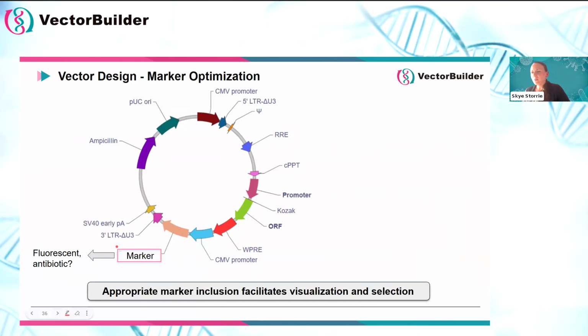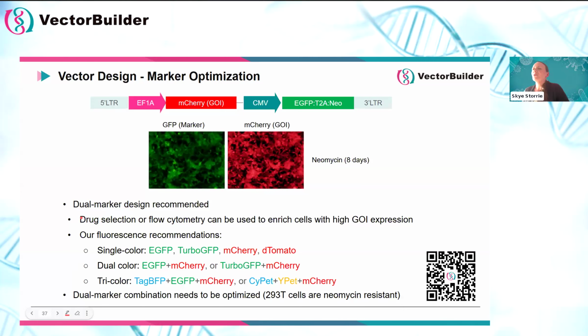For marker optimization, appropriate marker inclusion, such as a fluorescent reporter or antibiotic resistance marker, can facilitate both visualization and selection. If you can, we recommend using a dual marker design, using both a fluorescent reporter as well as an antibiotic, because it gives you a bit more flexibility in selection.